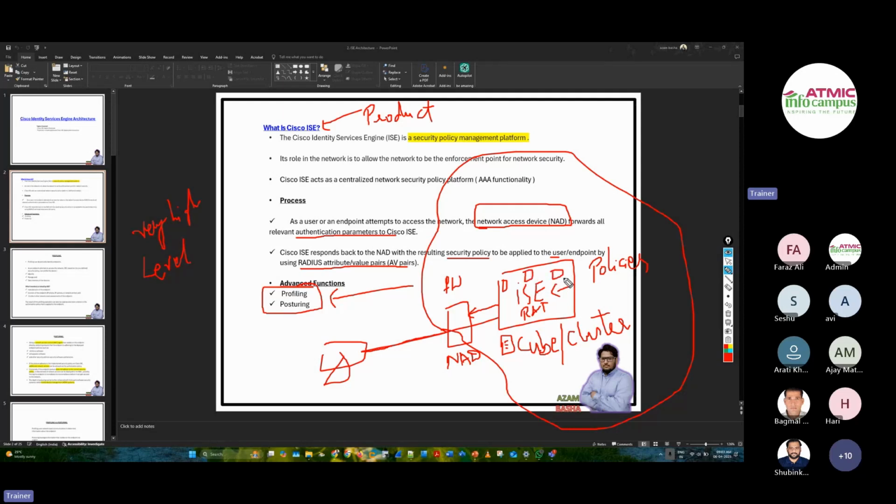These are the different architectures of ICE. When I say cluster, you can think there are multiple ICE nodes. Clear? Okay, thank you. Any other question, folks?